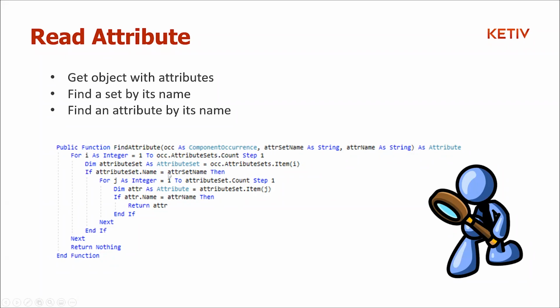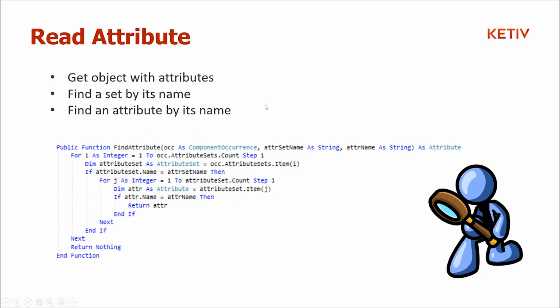And if it does, then we'll for loop through each of the attribute names inside that set and check if it matches the name we're looking for. And once it does, we'll return that attribute. If we don't find anything, we'll return nothing. So that gives you one example of being able to read through all of the attributes on an occurrence and pull one that matches a set name and a name.